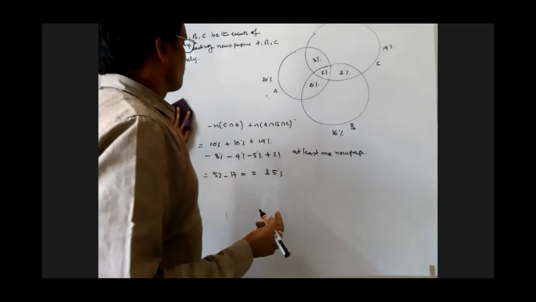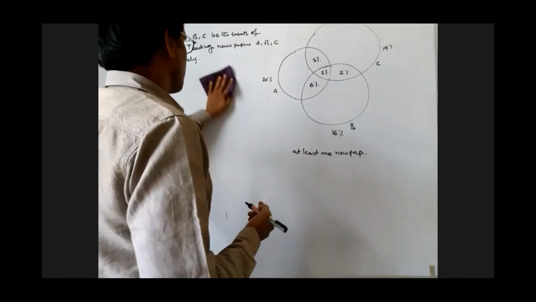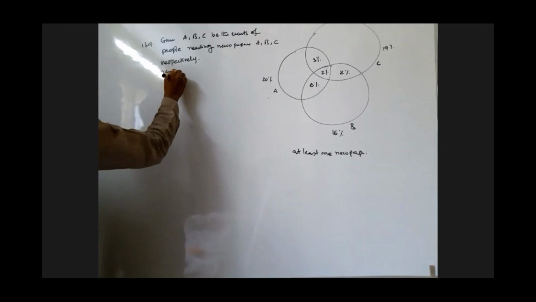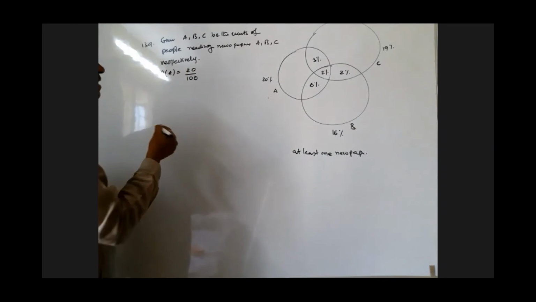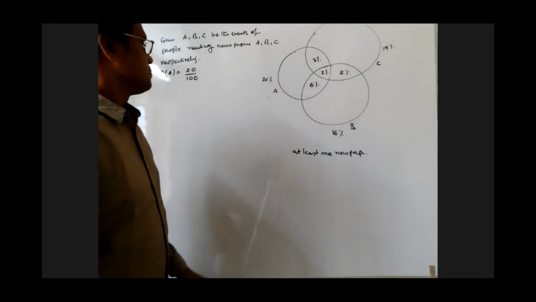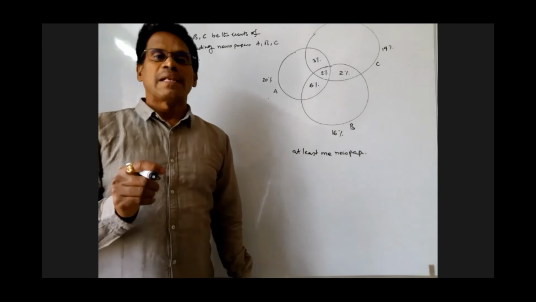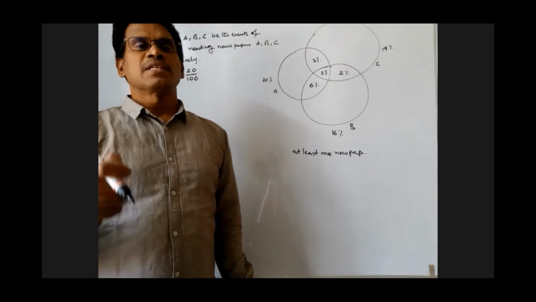Then immediately, my dear, I'm writing the given information. Probability of A is 20%, that is 20 by 100. Yes, madam, we can simplify, but I'm leaving it as it is for future simplification. Probability of A means the probability that a randomly selected person reads newspaper A is 20%.